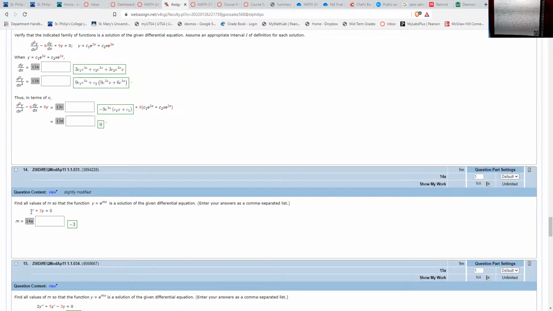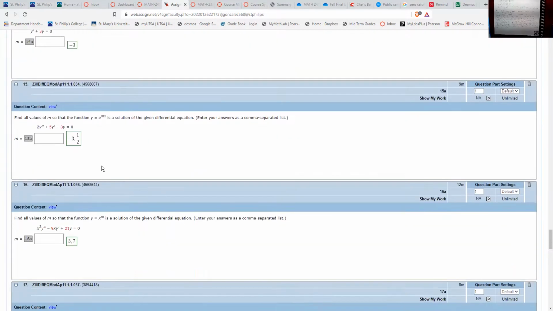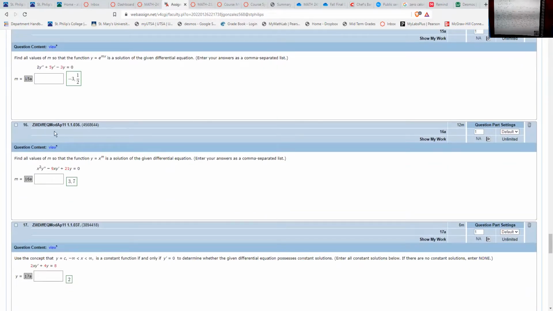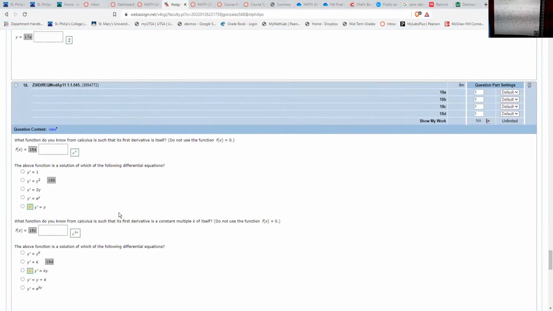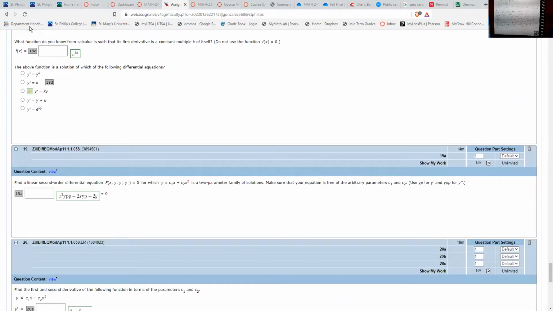So try doing it in general, just leave it as an m, plug it in there, and then try to figure out, okay, what does m have to be in order to get 0? So this isn't too bad. So plug in y equals e to the mx, take a derivative and plug that in as well. That's all you got to do. So that'd be the same for all these right here. Okay, let's look at 1.2.